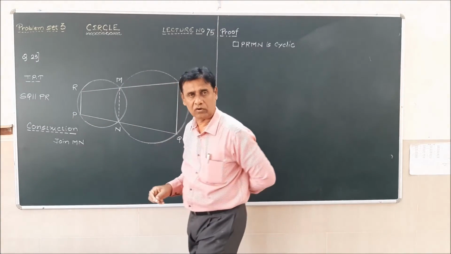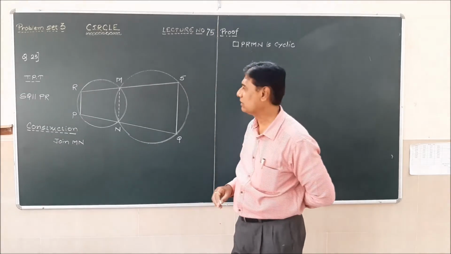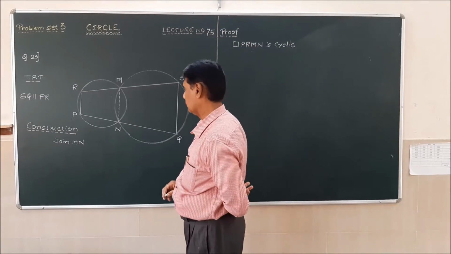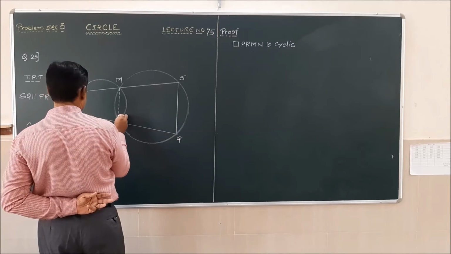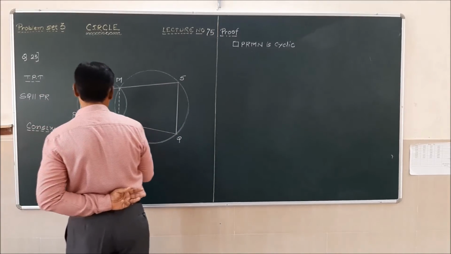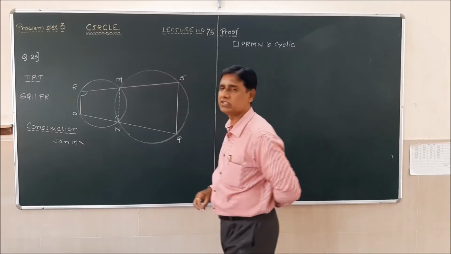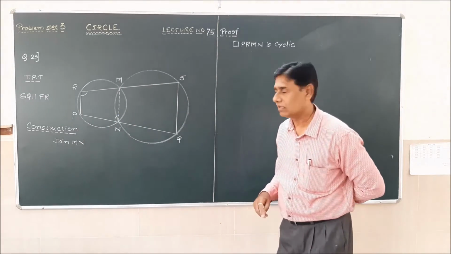If it is a cyclic quadrilateral, then you all know that opposite angles of a cyclic quadrilateral are supplementary.